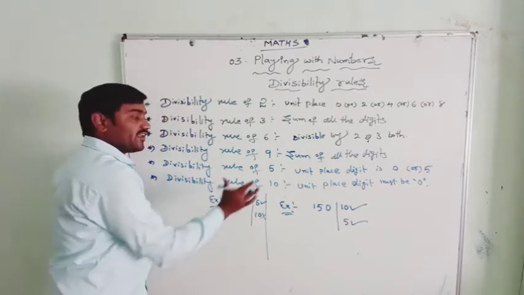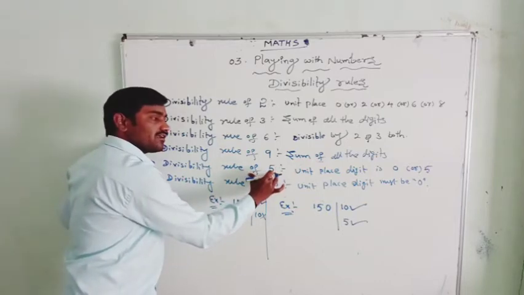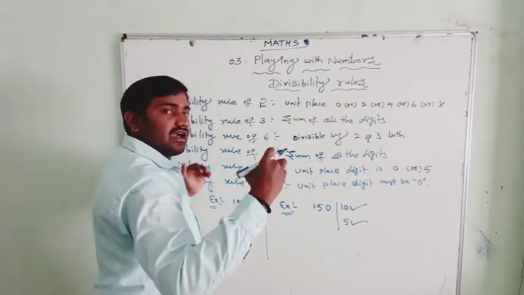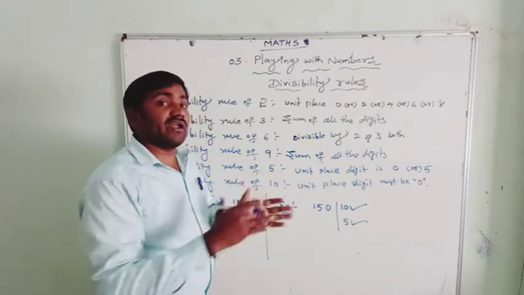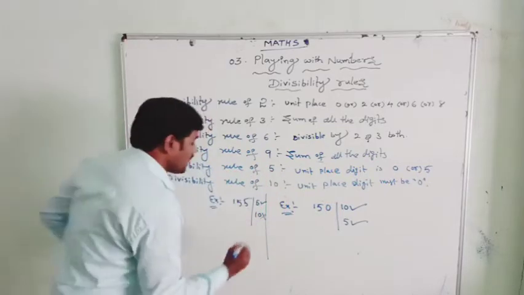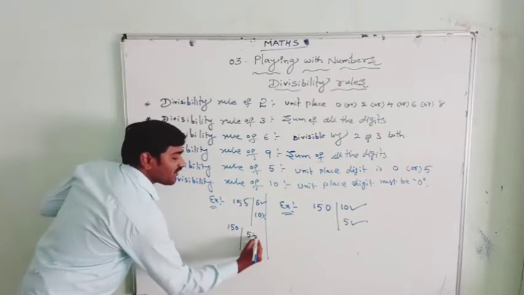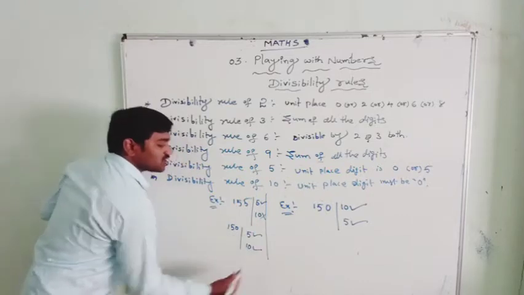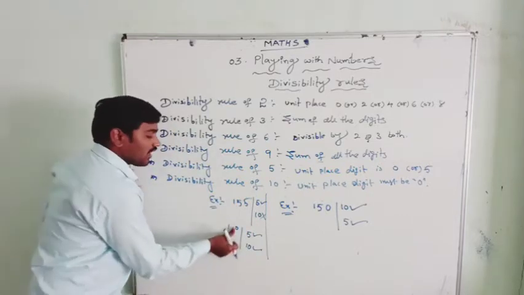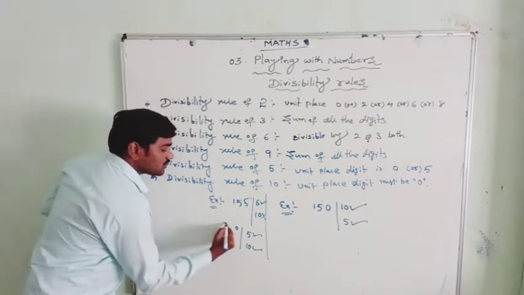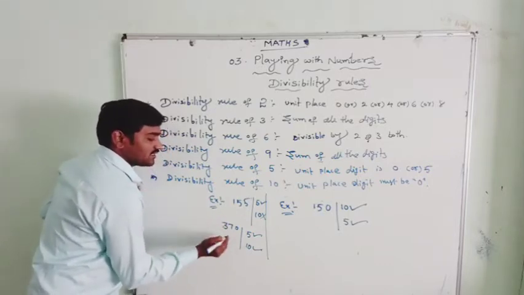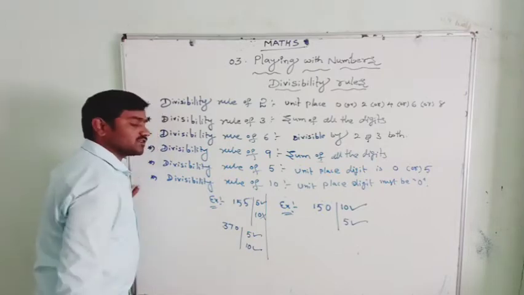So in this case, if a number is divisible by 5, we have to check whether it is divisible by 10 or not. It may or may not be divisible. Suppose I give one example here: 150. 150 is divisible by 5 and it is also divisible by 10. Or suppose 370. 370 is divisible by 5. It is also divisible by 10.